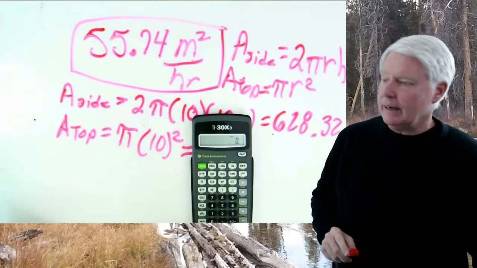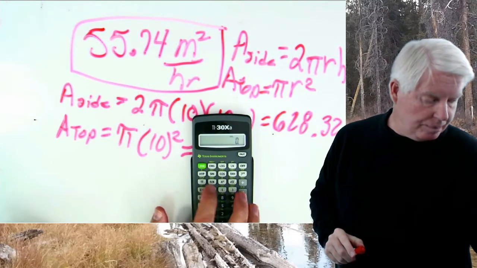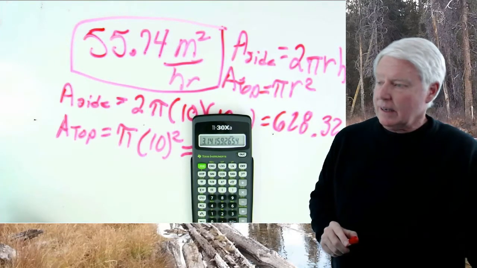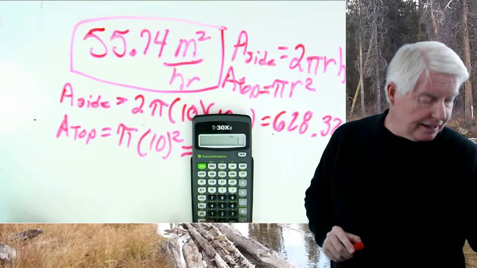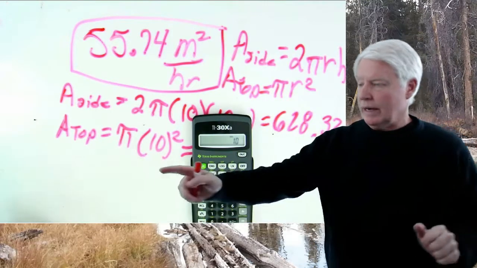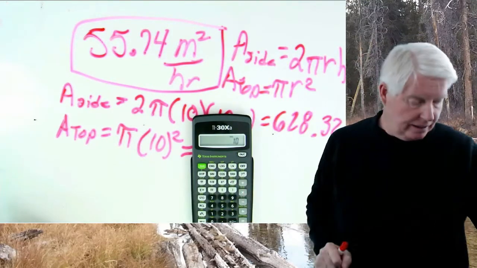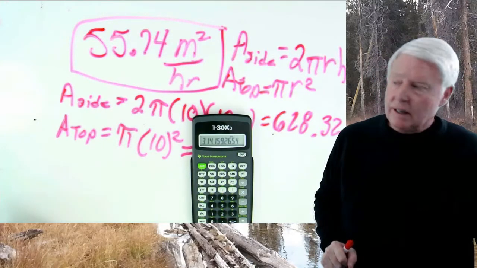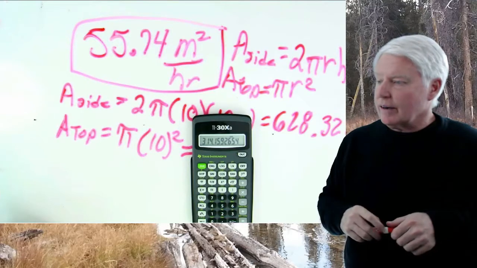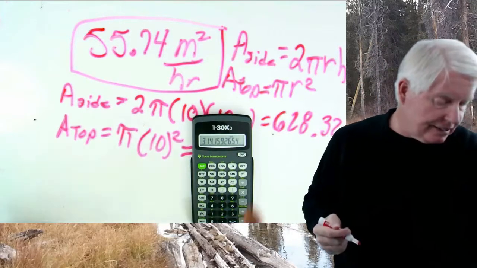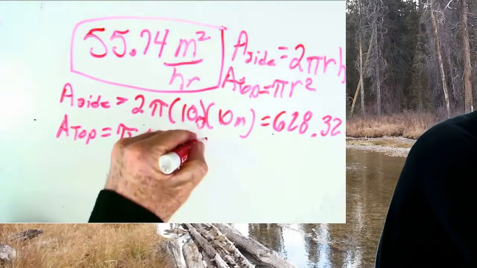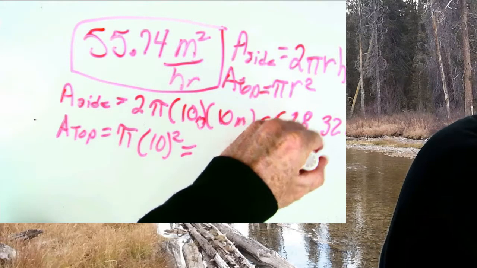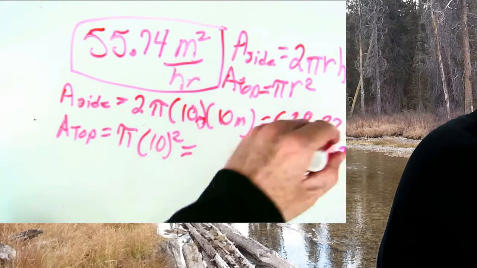Get my calculator out here, and I'm going to go pi times radius 10, and I'm going to hit squared. See that squared button right there? Squared. And I'm going to go equals, and that's going to give me 314.16 square meters.